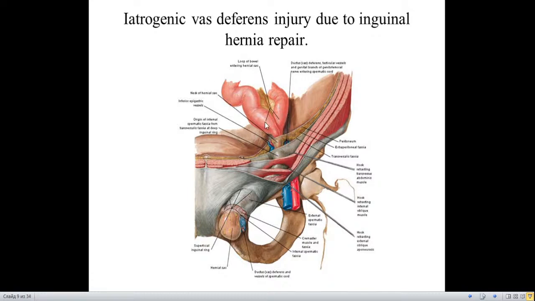Look here, that is a part of intestine, and it passes through the inguinal canal and appears after the superficial inguinal ring absolutely abnormally. So this case is a herniation, protrusion of, in this case, intestine, through the inguinal canal to the superficial inguinal ring.